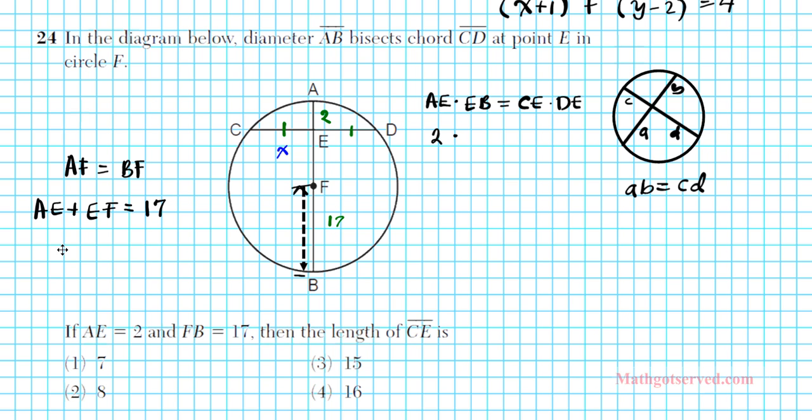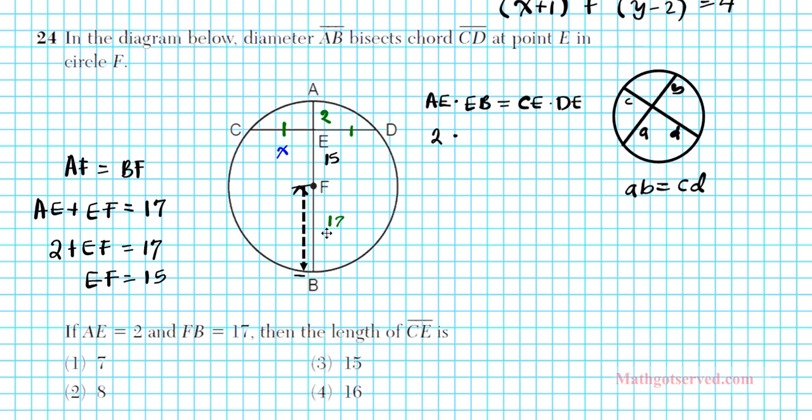So 2 plus some number EF is equal to 17. Subtracting 2 from both sides, EF must be 15, because 15 plus 2 is 17, which is the same as BF. They are both radii of the same circle. So EF is 15.